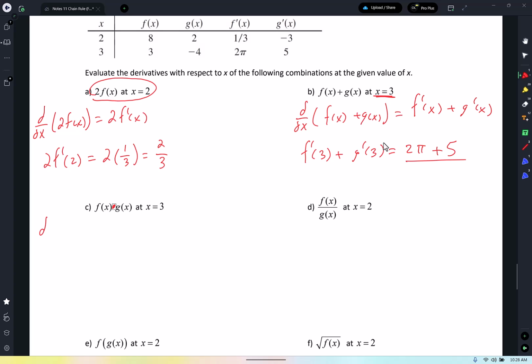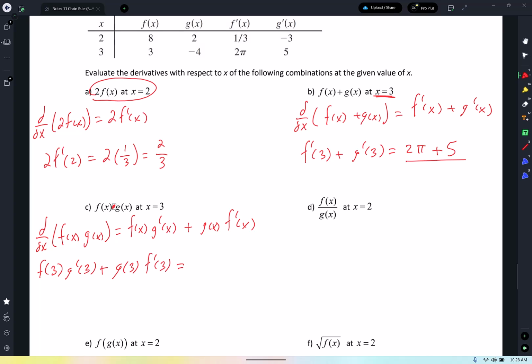All right, d dx of f of x, g of x. What rule do I got to use? Product: first times derivative of the second plus second times derivative of the first. So I'm going to come over here and start plugging in 3. F of 3, g prime of 3 plus g of 3, f prime of 3.